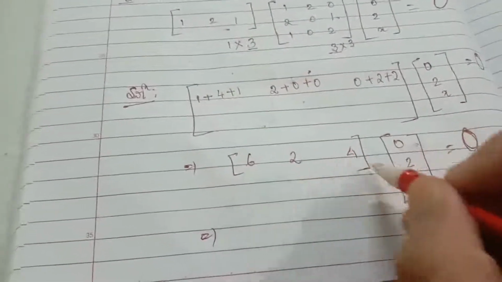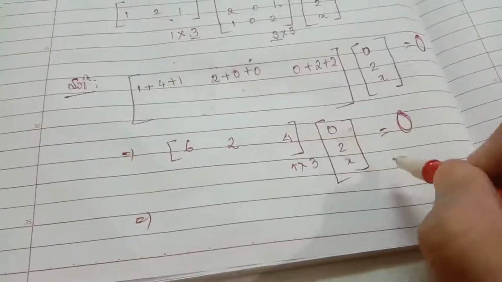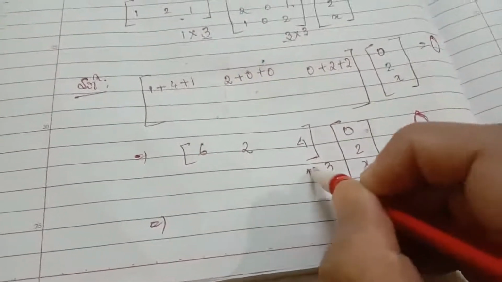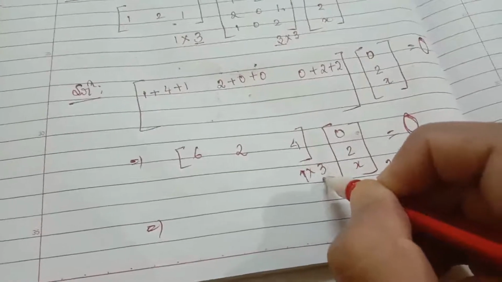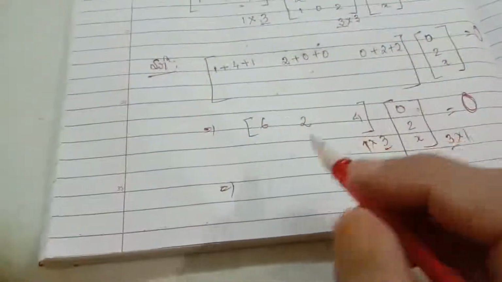Order of this matrix is 1 by 3. This matrix has only one row, it's a row matrix, and this is a column matrix. Order of this matrix is 3 by 1. Again, you can see number of columns of first equal to number of rows of second, so again you can multiply these two matrices.